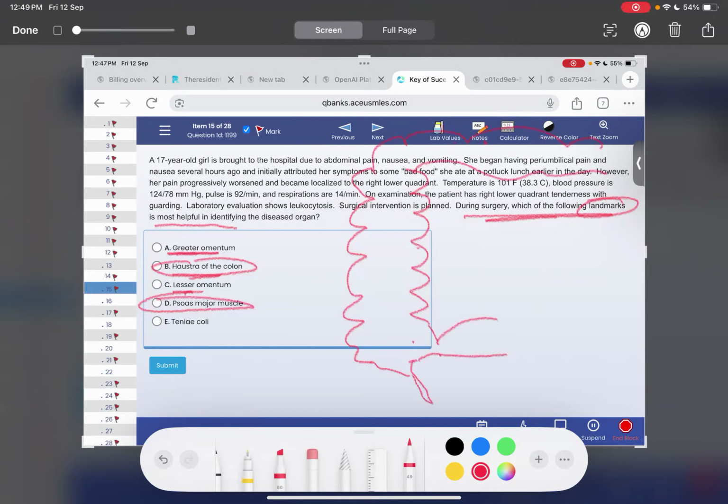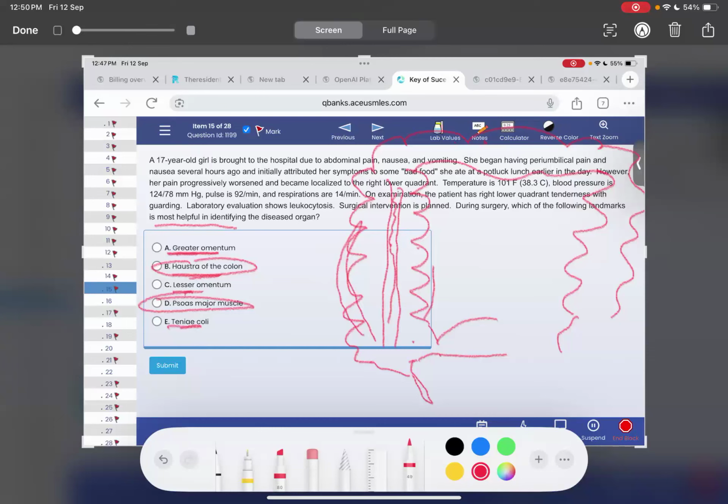So the haustra are not the landmark during surgery of appendicitis. There is another landmark, the tinea coli. Tinea coli goes longitudinally, like this, also from this side, and also from this side. So this is called the tinea coli.